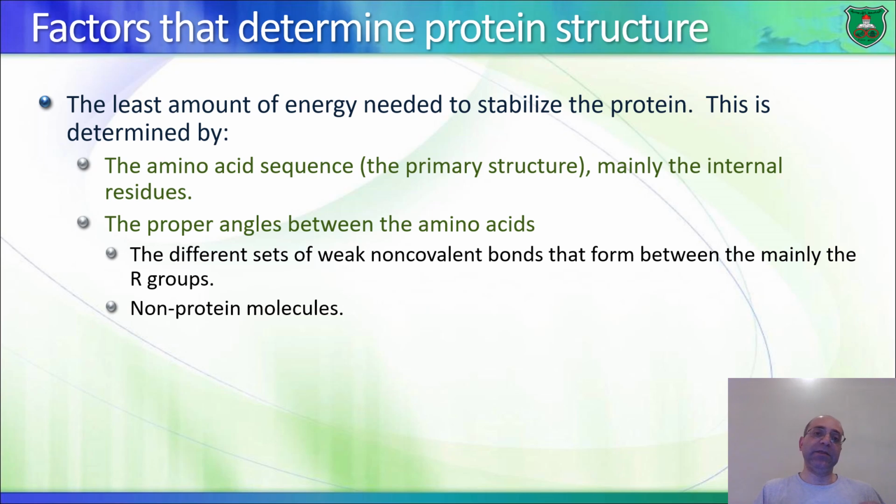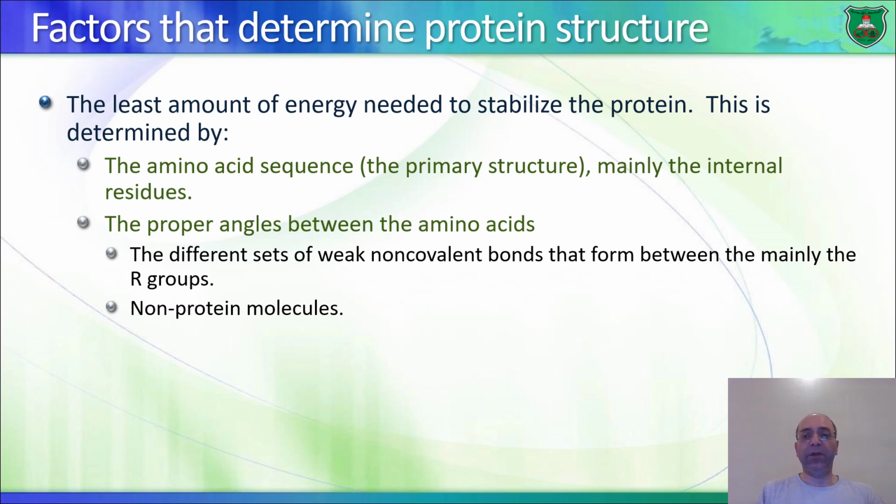This energy and the amino acid sequence are based on the proper angles of amino acids, where amino acids would be placed in three dimensions and form the best non-covalent interactions, of course, starting with the hydrophobic interactions.